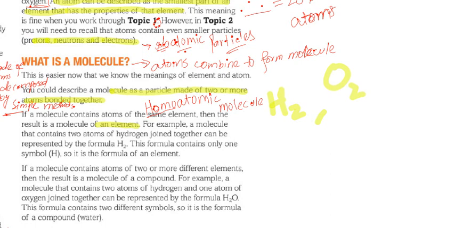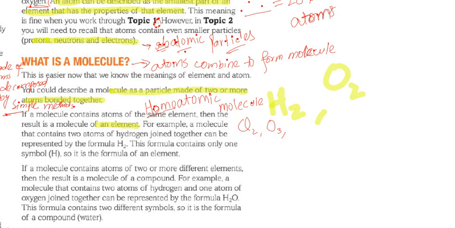So homo means same type, same nature. Atoms of the same nature, for example chlorine. This is a molecule because it is made up of two atoms combined. It could be more than two atoms. Suppose ozone, which we have studied in O levels, if you remember. It is of three atoms. So these are homoatomic.